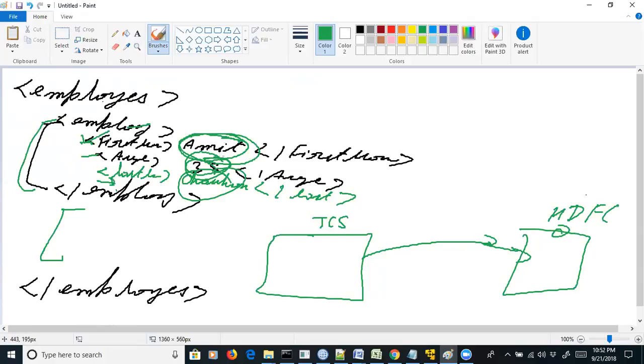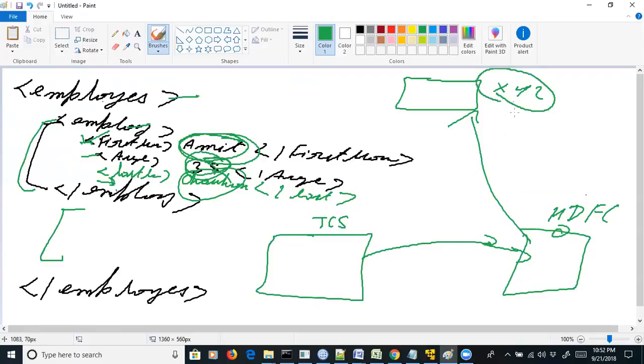But if you see, there is a small problem with this, and that small problem is that this is not a standard. So if HDFC wants to do the same business with some other IT company named XYZ, they have to again sit with and discuss with XYZ and agree upon another XML format.